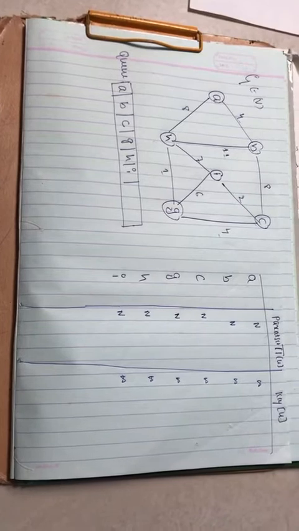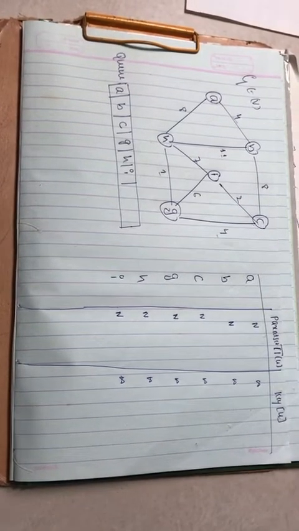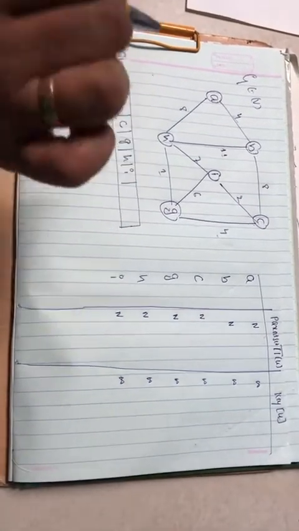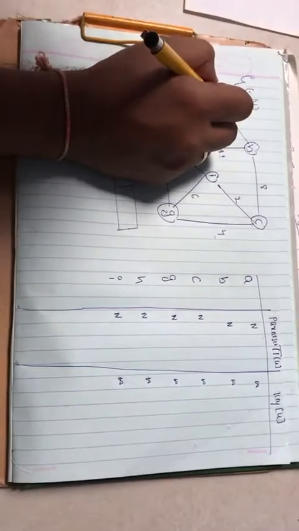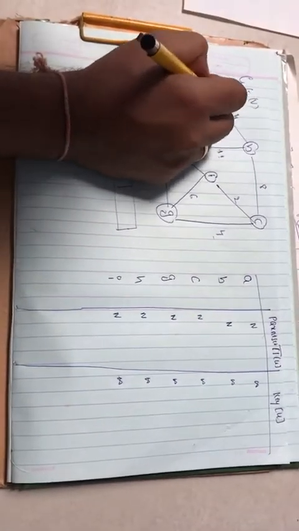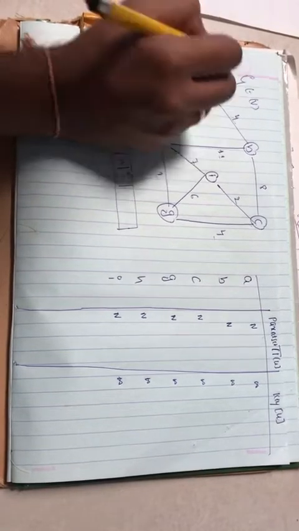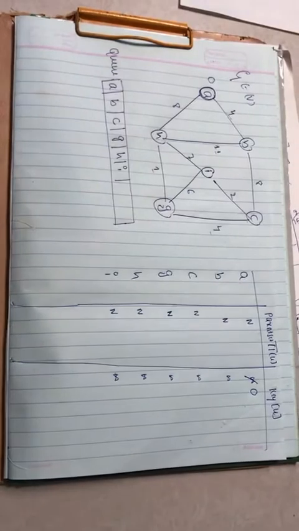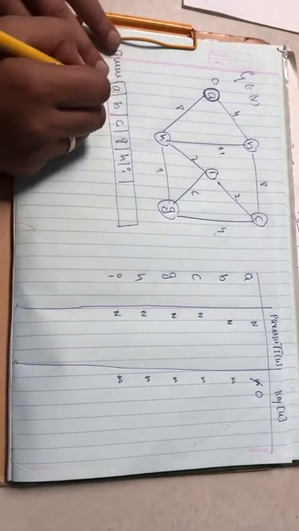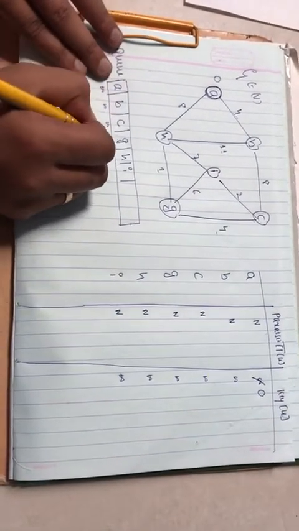Now how do we start traversing this algorithm? Take any one node as the root and set its value to 0. In this example I will take A as the root vertex and set its value to 0. Initially all vertex values are set to infinity.